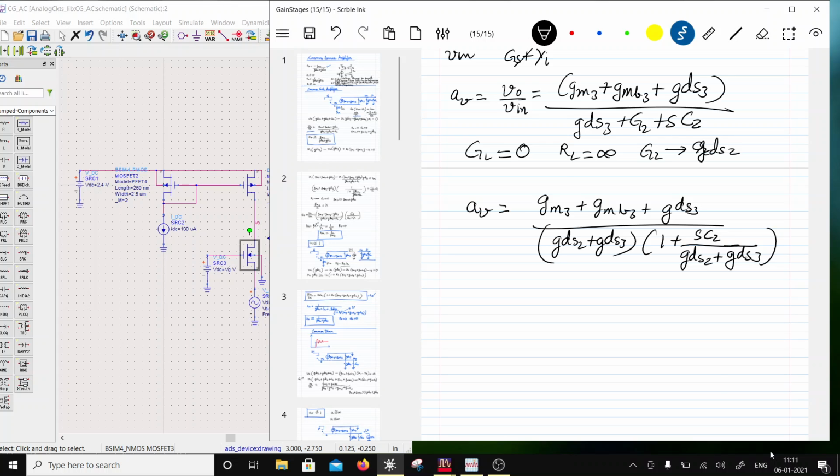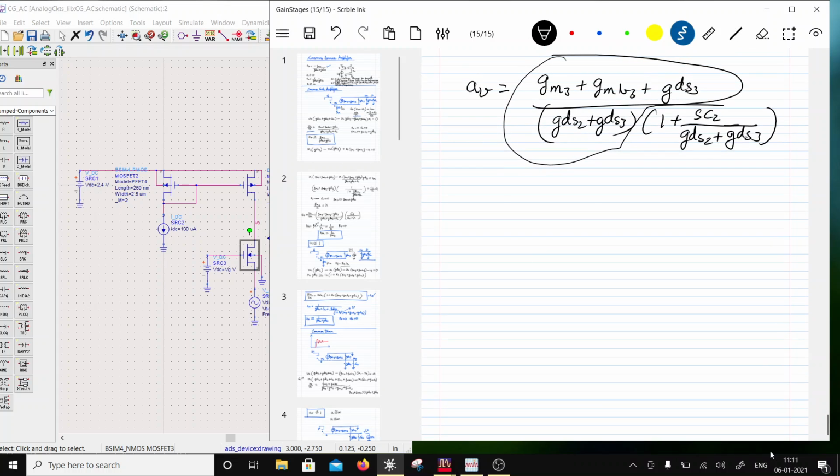Now what you have over here is AV0 divided by 1 plus S over GDS2 plus GDS3 divided by C2.